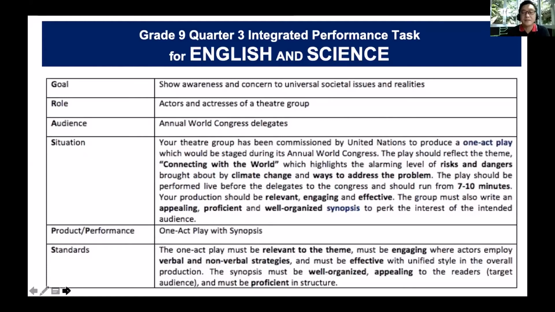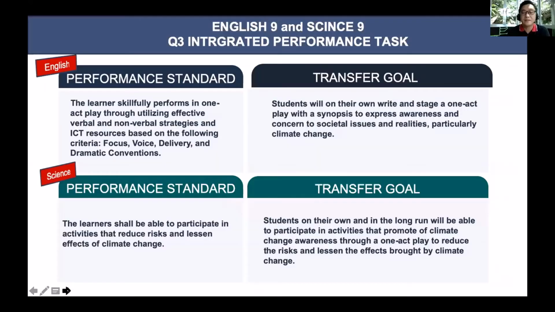It says, the learner skillfully performs in one-act play through utilizing effective verbal and nonverbal strategies and ICT resources based on the following criteria: focus, voice, delivery, and dramatic conventions. Now, take a look at the performance standard for Science grade 9, quarter 3. The learners shall be able to participate in activities that reduce risks and lessen effects of climate change.